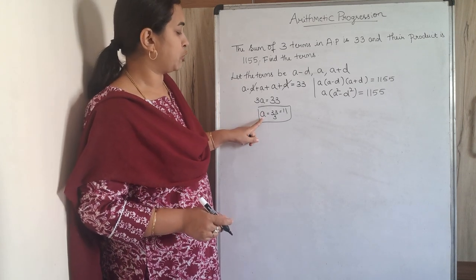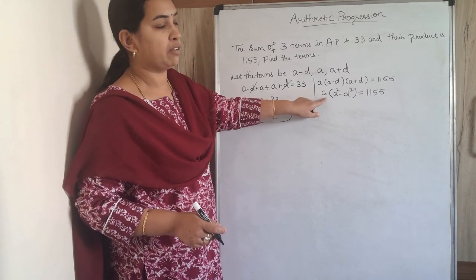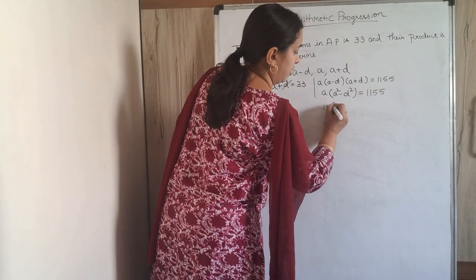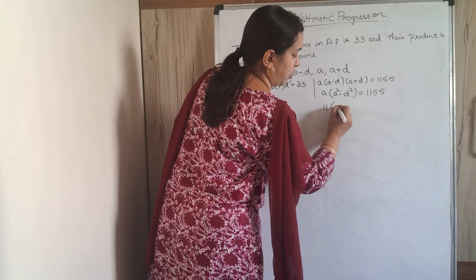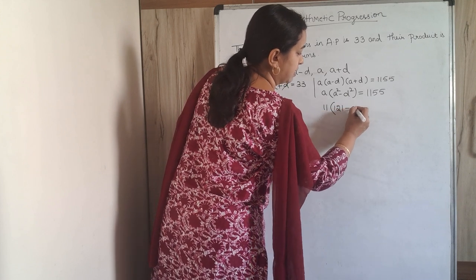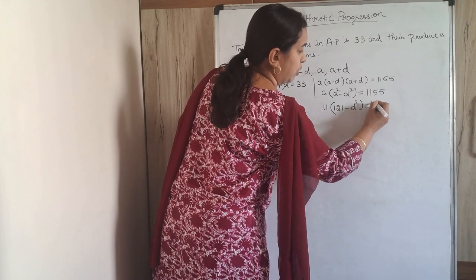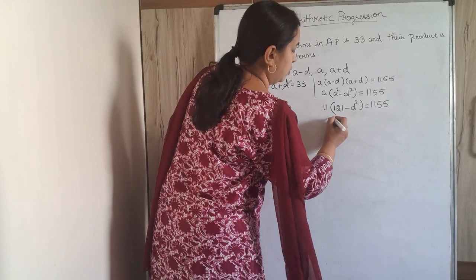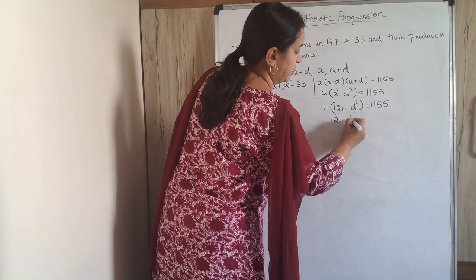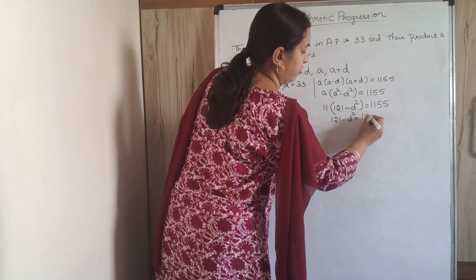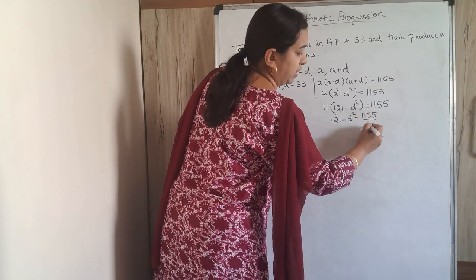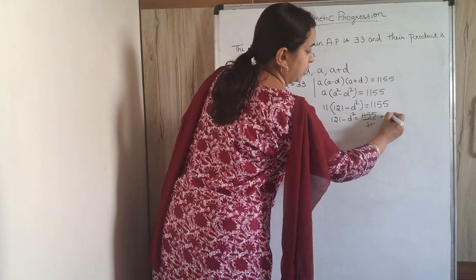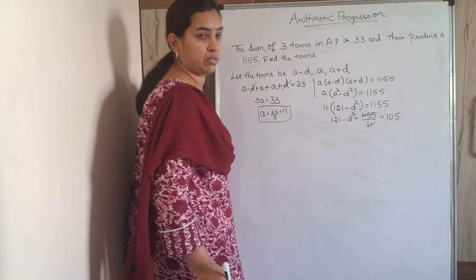So if we substitute this value here, you will get the value of D. So 11 square, that is 121 minus D square is equal to 1155 divided by 11. Okay. So 121 minus D square is equal to 105.